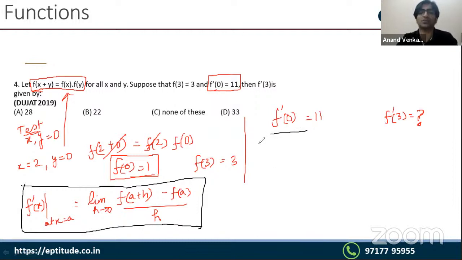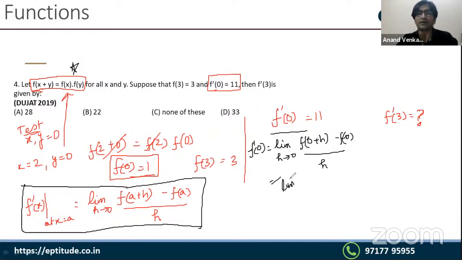पहले f dash 0 पे लगते हैं. तो f dash 0 का वैल्यू क्या आएगा? This should actually be limit h tends to 0 f of 0 plus h minus f of 0 upon h, right? और अब मैं इस एक्सप्रेशन में ये वाली प्रॉपर्टी लगा दूंगा. f of 0 plus h will be actually nothing but f of 0 into f of h minus f of 0 upon h. तो f of 0 तो कांस्टेंट आ जाएगा, बाहर आ जाएगा.